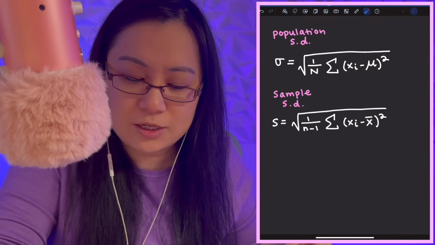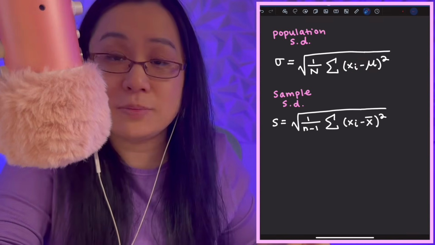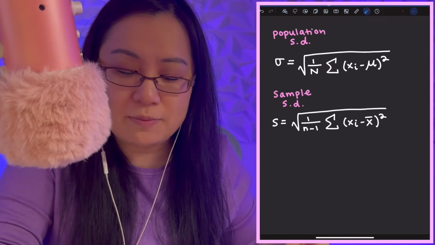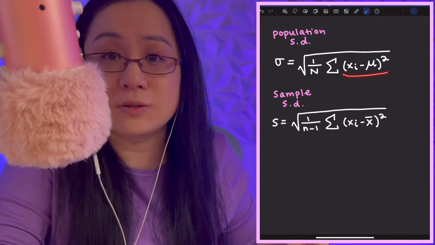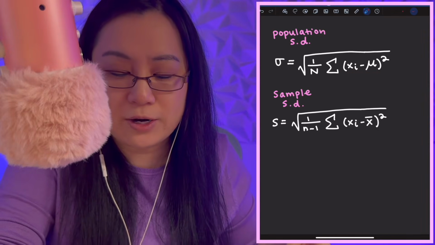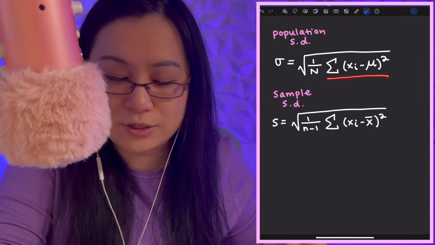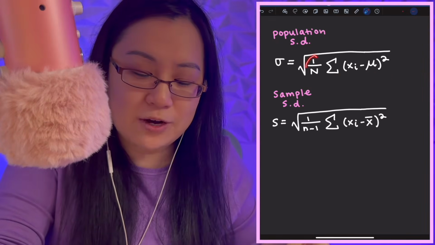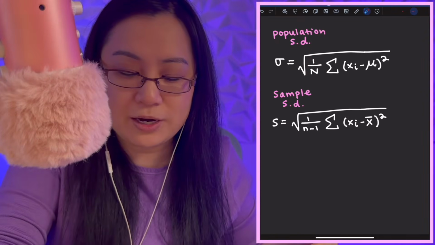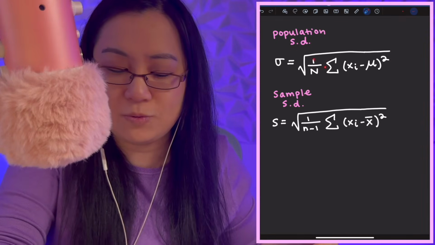Because when you do this here, we're going to have positive numbers, and then this sum, this capital sigma, means that you add them all together. So you find the difference, you square them, and then you add all of those squared differences together, and then you divide by the number of the population. You divide by n, and another way to write divide by n is to multiply by 1 over n, right?